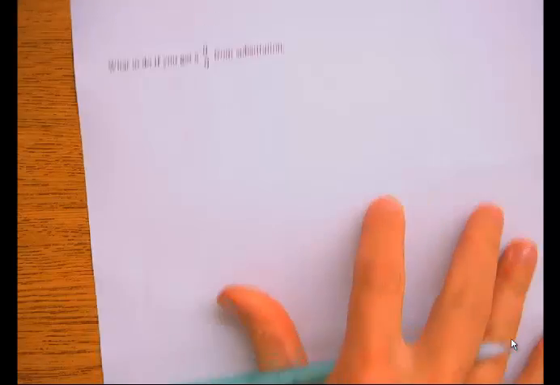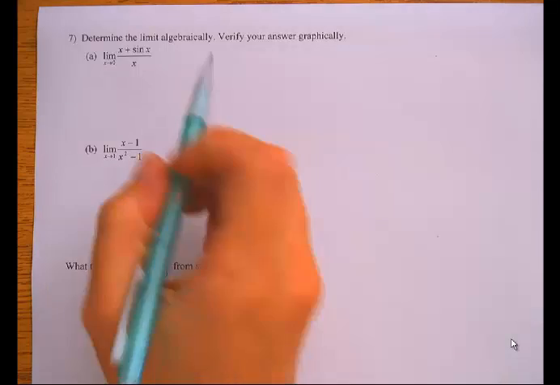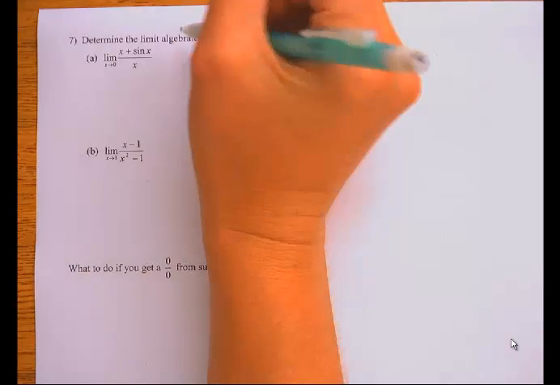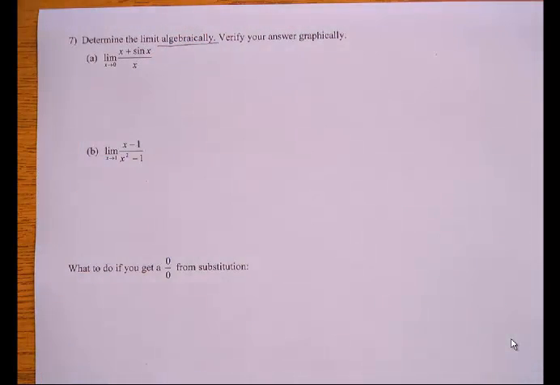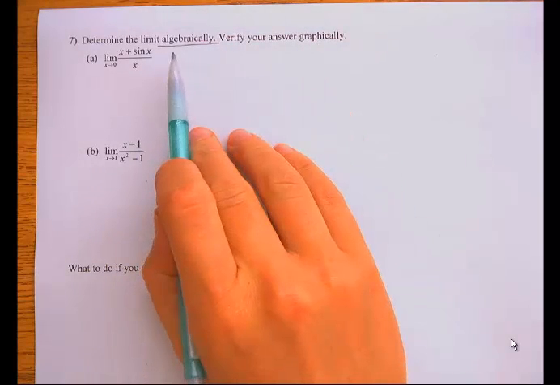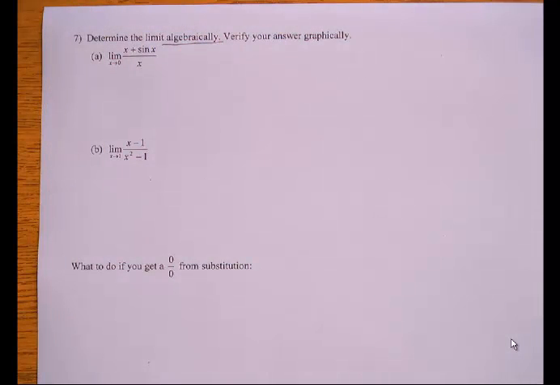Now, question is, how do I use that? Why does that matter? The reason that matters is because you might have something more like this, and you're asked to determine the limit algebraically, and then verify graphically, which means you can check by graphing, but I want to see the work algebraically. Now, I'm going to use those special limits combined with the properties of limits to be able to do this.